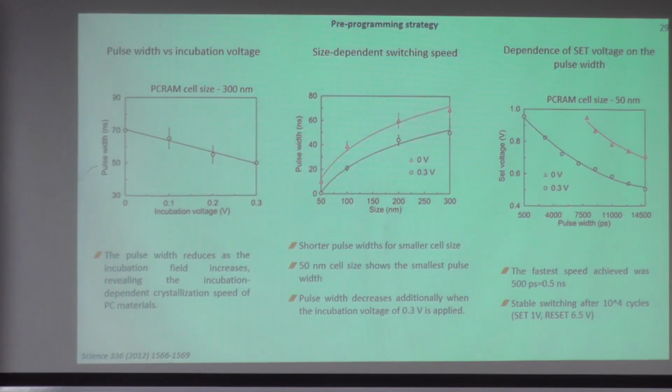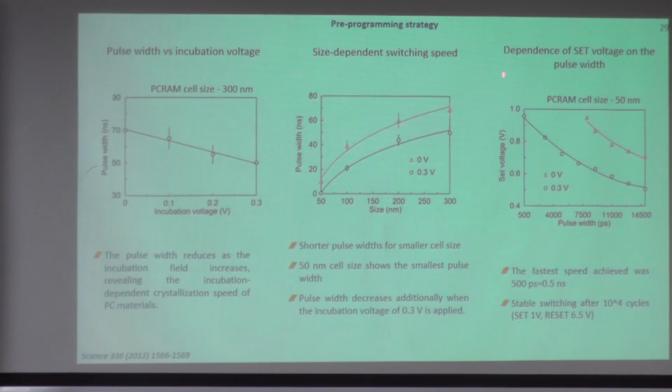This is much lower than the crystallization voltage of the cell. And then, if we look at the switching speed of such pre-structured materials, this is without pre-structuring, and this is with pre-structuring at 0.3 volt.